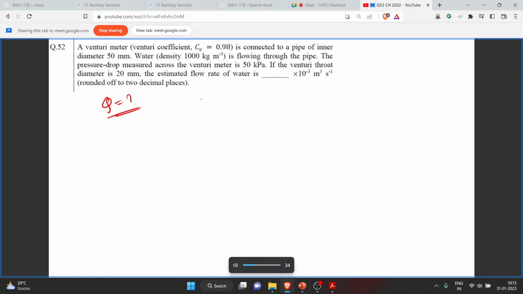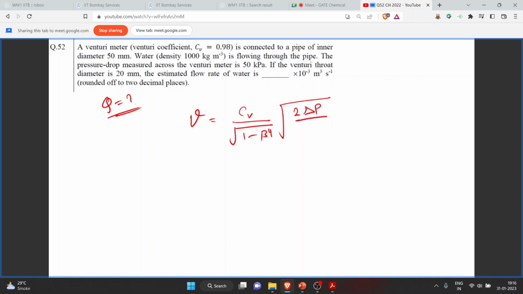For the venturimeter, we can write the average velocity V as CV, that is basically the venturi coefficient, upon under root of 1 minus beta raised to 4, where beta is the ratio of diameters, basically smaller upon larger diameter, into under root of 2 times the pressure drop delta P upon rho.